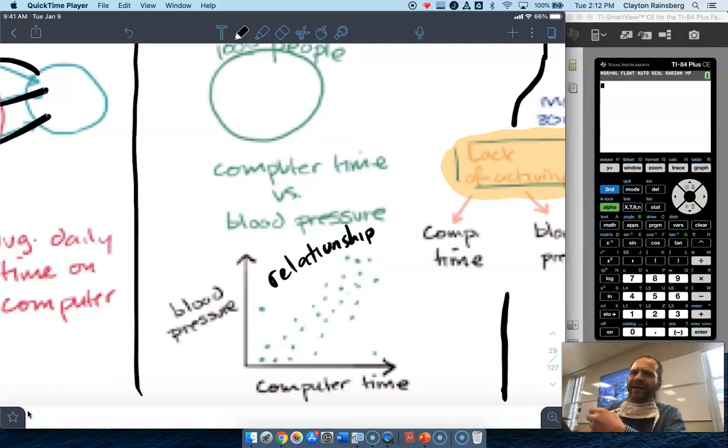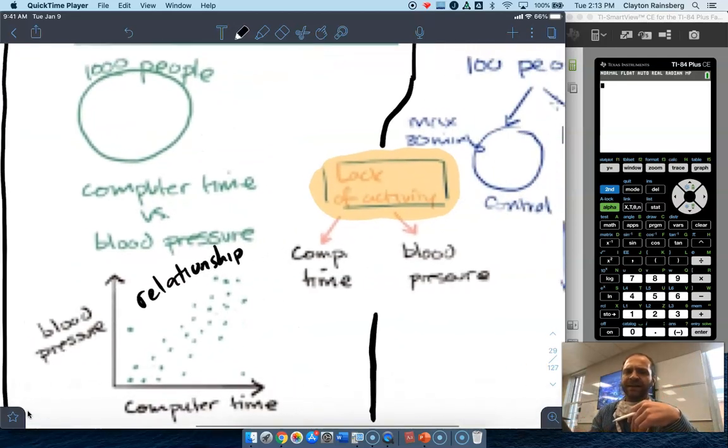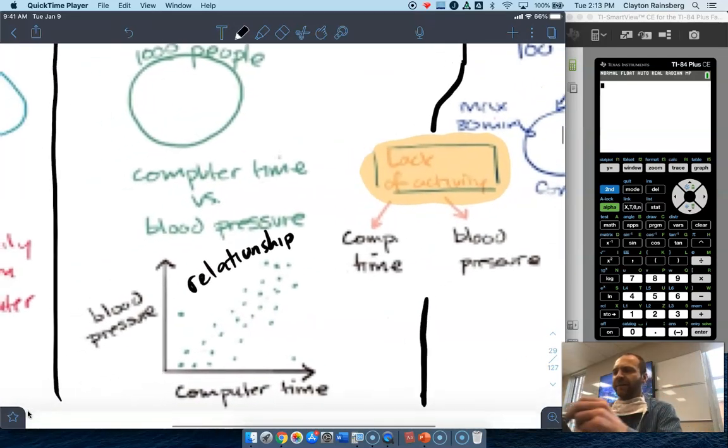But there's an issue with that. We learned that correlation does not imply causation. Just because there's a relationship doesn't mean that there's something cause and effect there. One doesn't cause the other. And you have to realize there could be confounding variables. I mean, you could have, in this case, a lack of activity. Somebody could just not be an active person. And if they're not active, maybe they're spending more time in front of the computer. And if they're not active, maybe their blood pressure's high.